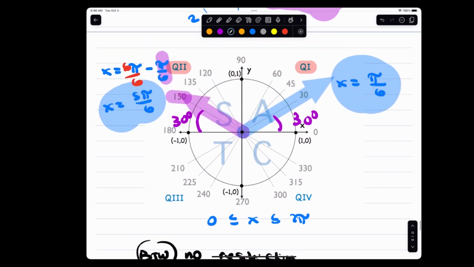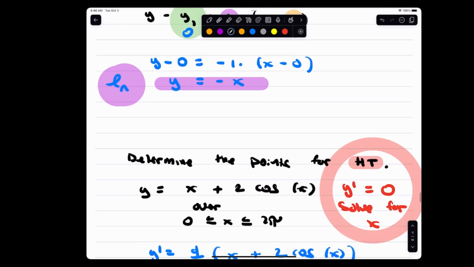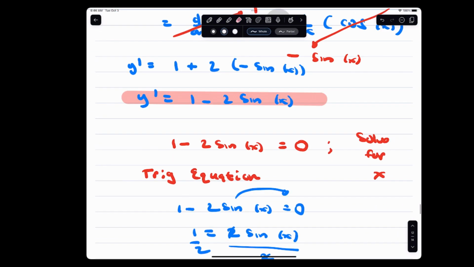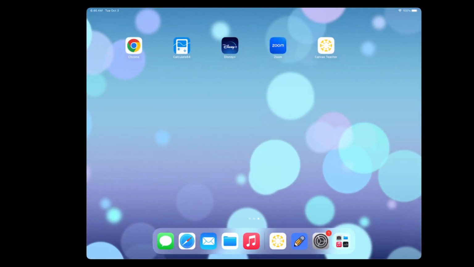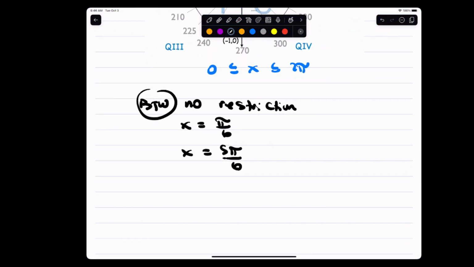Okay? What if they didn't give you any restriction? You go, what do you mean? What if they remove the restriction? What if this was not here? You go, oh, they gave it to me in general. No restriction. What do you guys have to do? Yeah, you add multiples of what? 2n pi, for both.